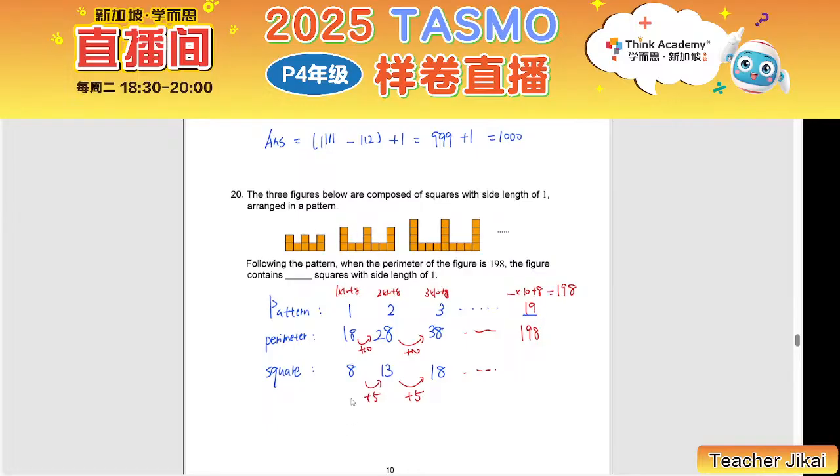And for squares, it is 1 times 5 plus 3, 2 times 5 plus 3, 3 times 5 plus 3. So this one is 19 times 5 plus 3, which gives you 98. So 98 is the final answer.